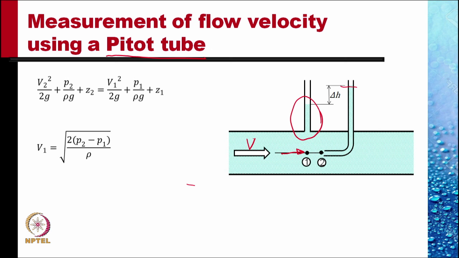By applying the hydrostatic rule, we can find out that P2 minus P1 is nothing but rho G times delta H, where delta H is the difference in level between the piezometric tube and the Pitot tube, so that the velocity at 1 is given as under root twice G delta H. This Pitot tube is used for velocity measurements very extensively.